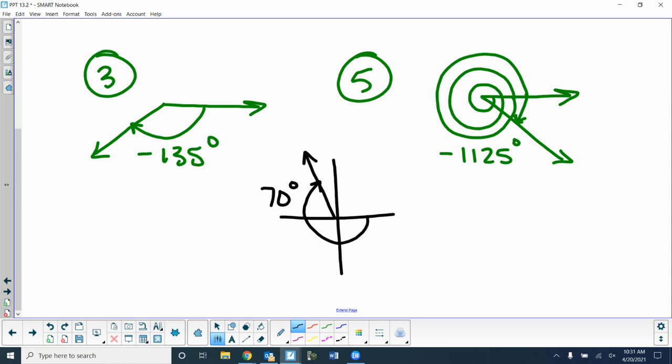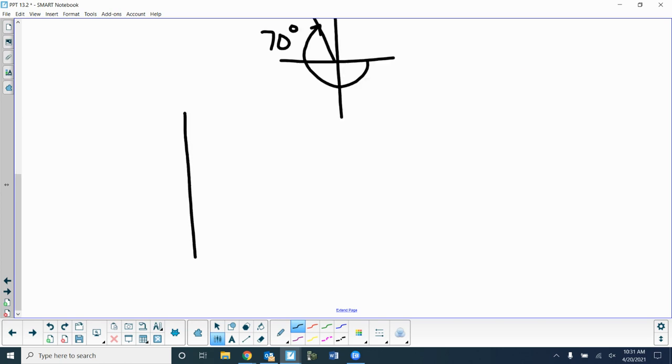All right, again, they're not asking for coterminal, they're asking for reference. Okay, so 220, if I draw that, there's 90, 180, 220 is about there, right? How many degrees is it from 180 to 220? 40. What's the difference between coterminal and reference? Coterminal is an angle that stops at the same spot, the terminal side when you rotate it. So you just add or subtract 360.